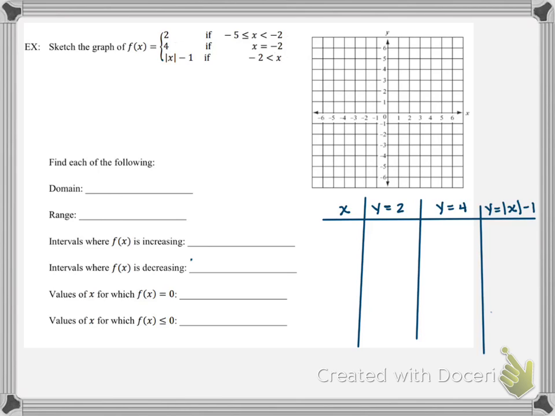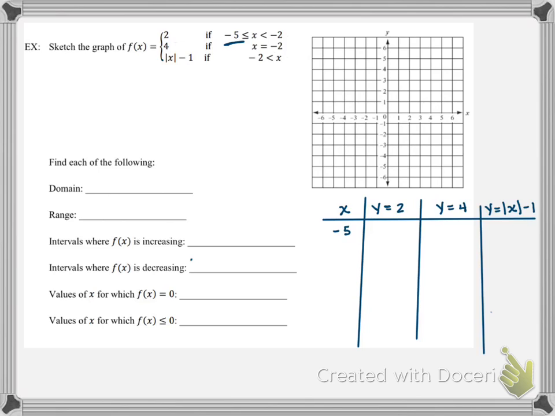And then we're going to think about our endpoints. We have a left endpoint at -5, right? Because x doesn't ever get smaller than -5. We don't have anything in our function for x values less than -5, so I'm actually going to start at -5.